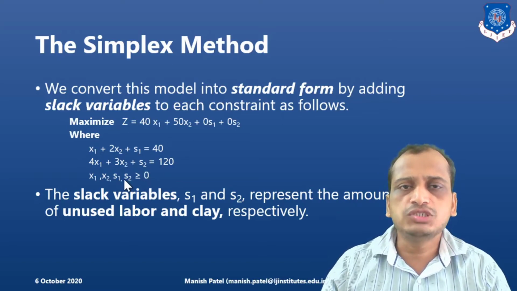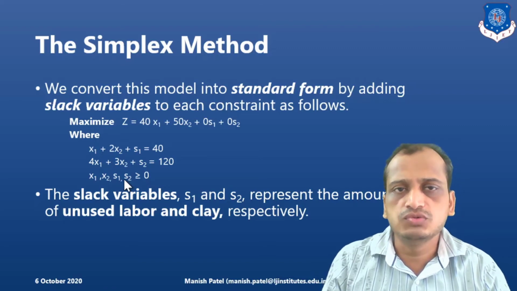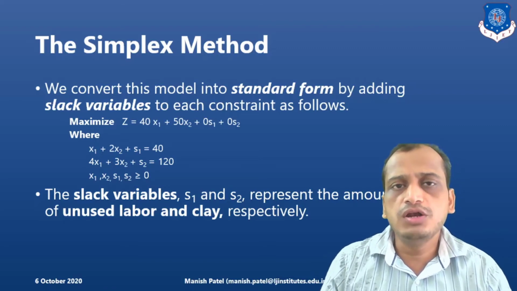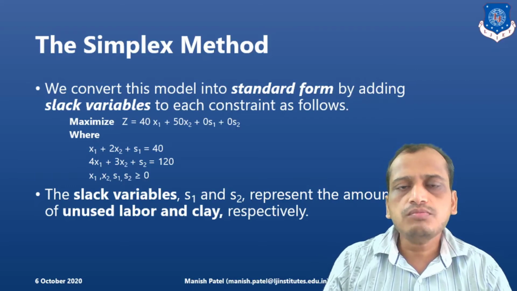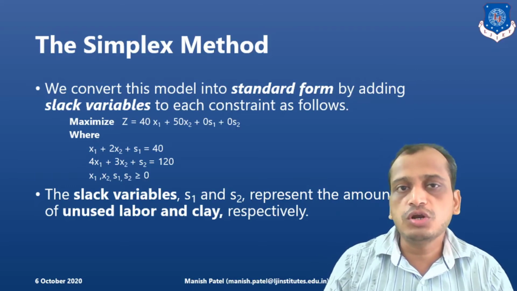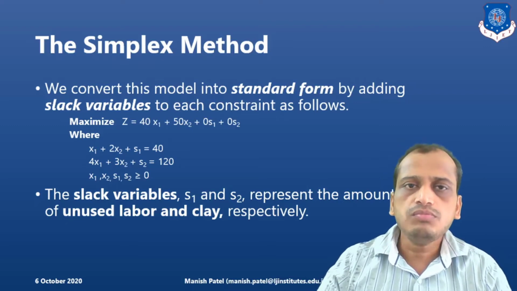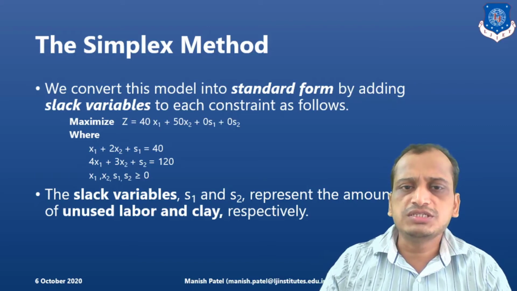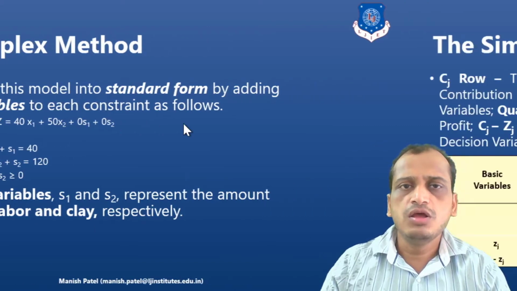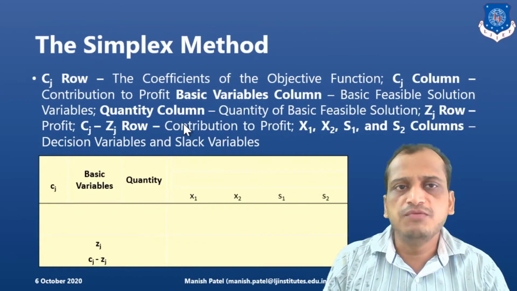So what are s1 and s2? Those are the slack variables we introduced, the amount of unused labor or clay, which is not contributing to the objective function, which is to maximize the profit. Now based on these two equations and this objective function, we will incorporate them into a table, which is called the simplex tableau.